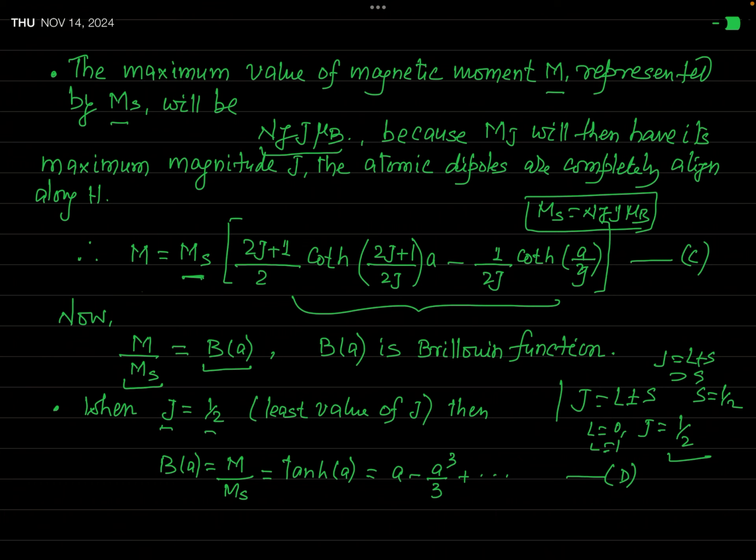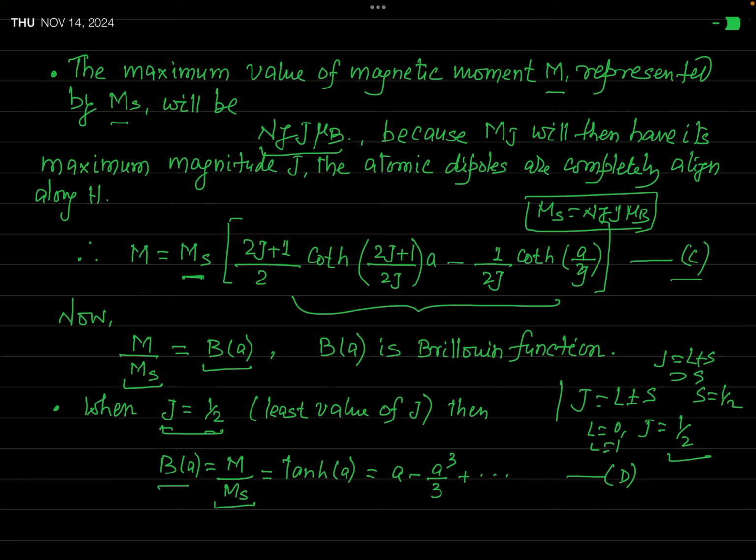And when J is equal to 1 by 2, then you can simplify this result defined in equation C, that B of A, which is the Brillouin function, and that is equal to M over Ms. What will that be?